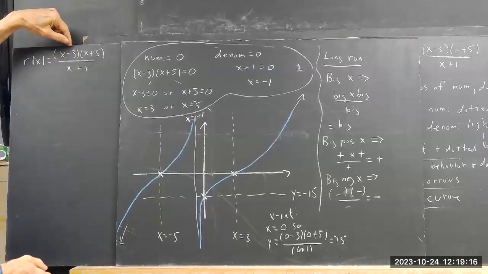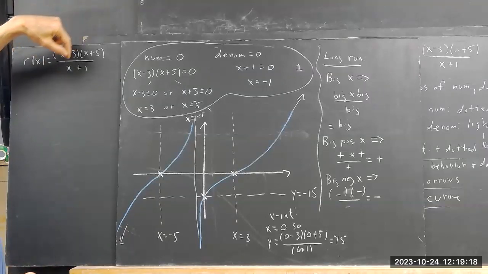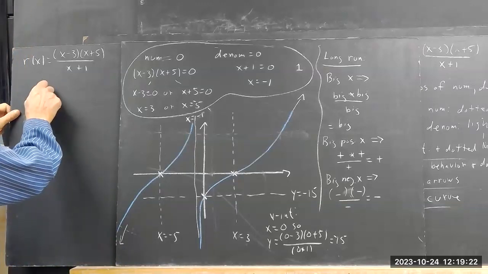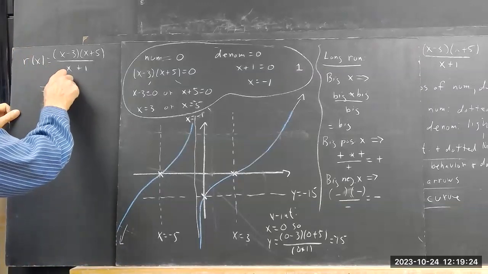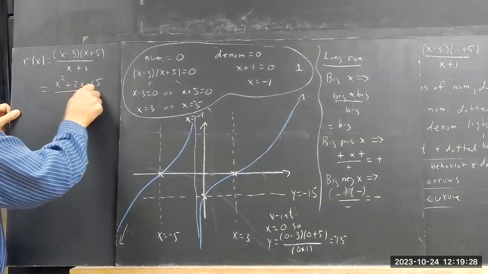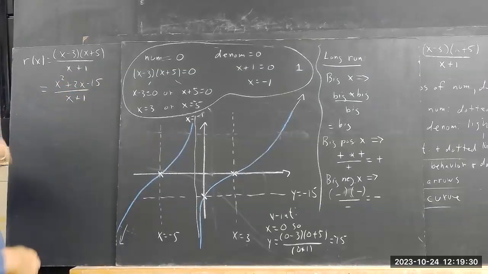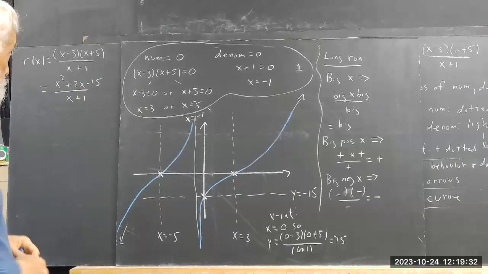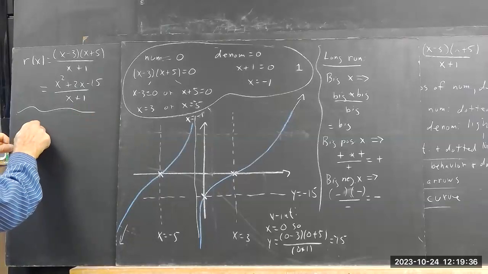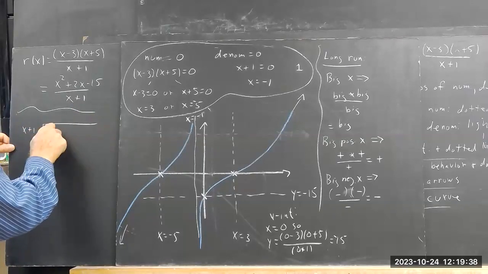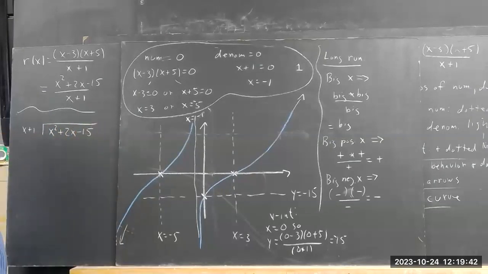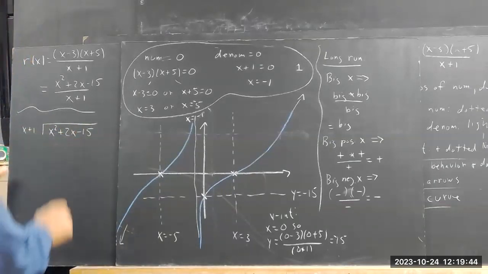Okay, so anyhow, R of x is (x minus 3) times (x plus 5) over x plus 1. We can expand the numerator. That's x squared plus 2x minus 15 over x plus 1. Now, if I do a long division, I've got x plus 1 divided into here.